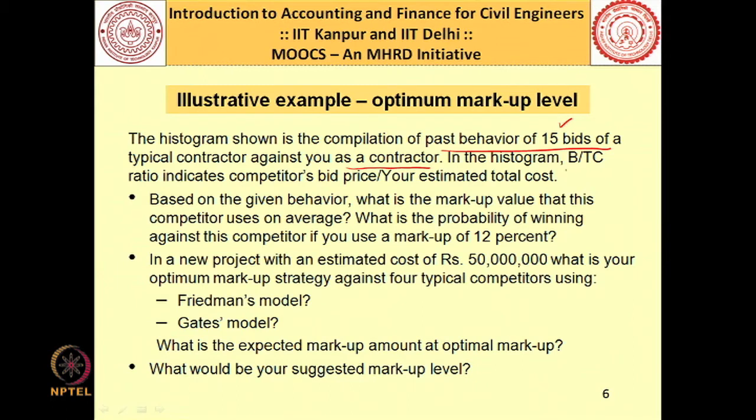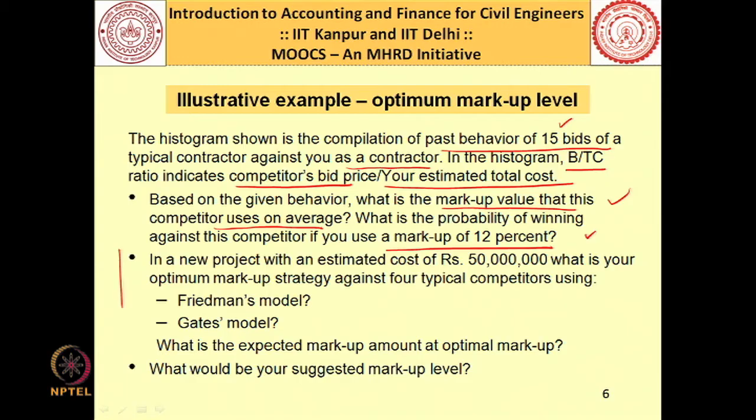Now, in the histogram, B by TC ratio indicates the competitor's bid price to your total estimated cost. So, bid price divided by total estimated cost. Now, the question is, based on the given behavior, what is the markup value that this competitor uses on average? This is what you have to find out, the mean value of the markup percent. What is the probability of winning against this competitor if you use a markup of 12%? So, this is the other question.